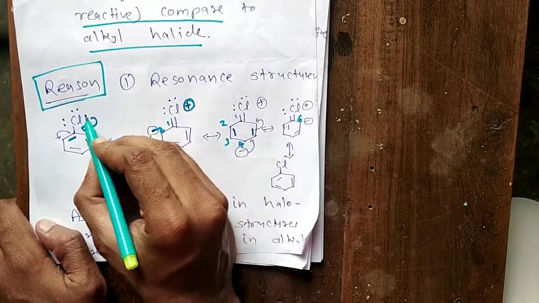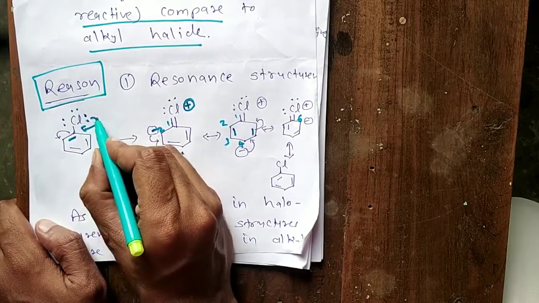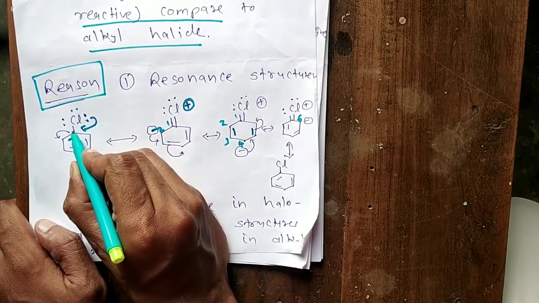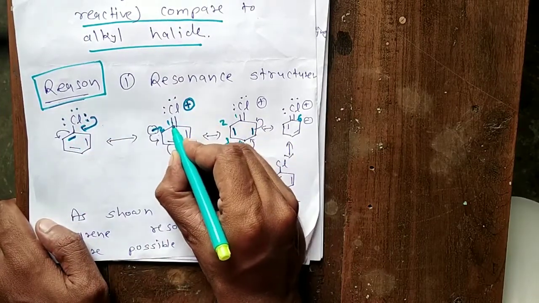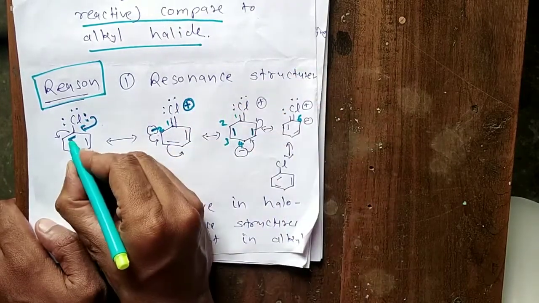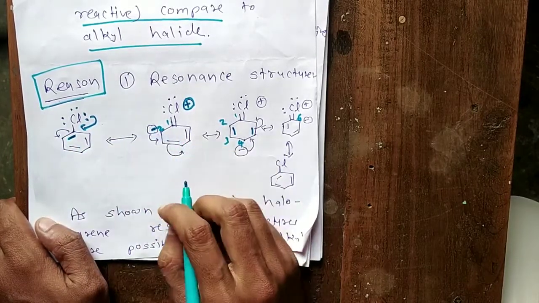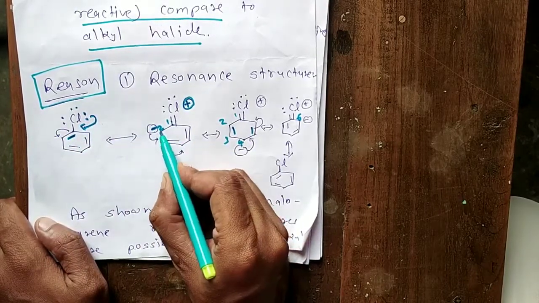Again, what happens here? These 2 non-bonding electrons move here and form a double bond between carbon and chlorine. So chlorine becomes positive. This double bond breaks here and it becomes a negative ion on carbon number 2.